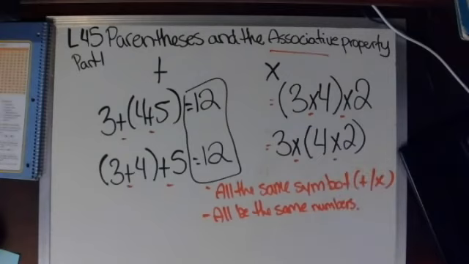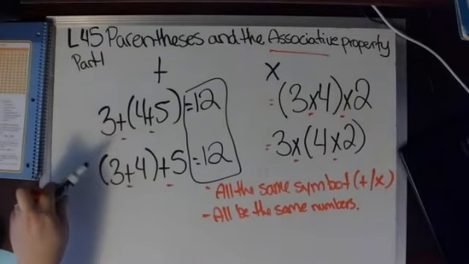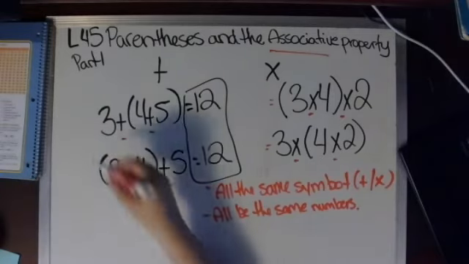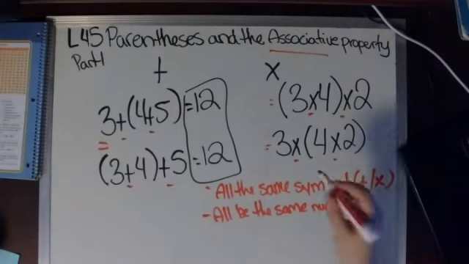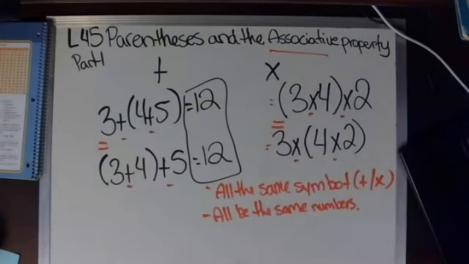If those two criteria are met, it's going to be the same answers, which means if you're doing comparison questions and you notice you're comparing, for example, these two, you can just right away say they are equal. Just like these two, you can right away say they are equal. Instead of saying one is bigger, one is smaller, or even having to figure it out, you can just instantly say they're equal because they all have the same numbers or digits, and they all have either all multiplication or all addition. That is the associative property.